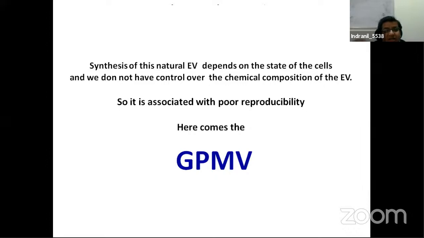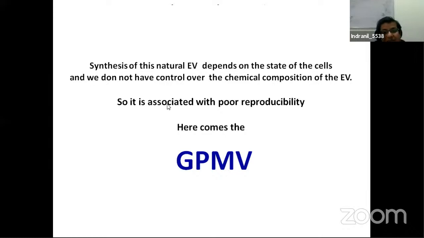As I mentioned, the synthesis of these natural extracellular vesicles depends on the state of the cells, and we do not have control over the chemical composition of it. So it is associated with poor reproducibility, and the reliability of this process is very low. People always question: today I'm getting this result, will I get the same result tomorrow if I follow the same protocol? And the answer is definitely uncertain.